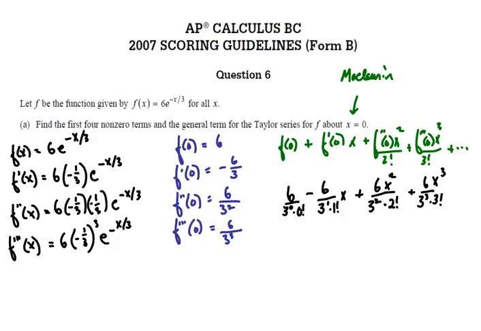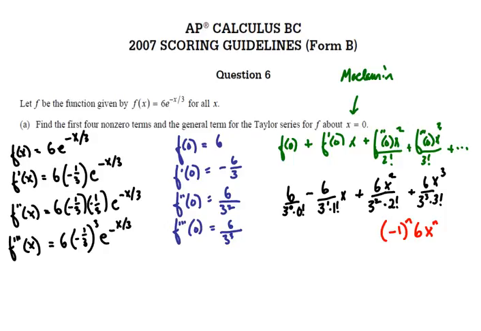And so from this, I think we can see that we first have the alternating terms, and so that's negative 1 to the n. Then we have the 6, and then if the first term is the 0, the second is the first, the third is the second, we can see that we have x to the n.